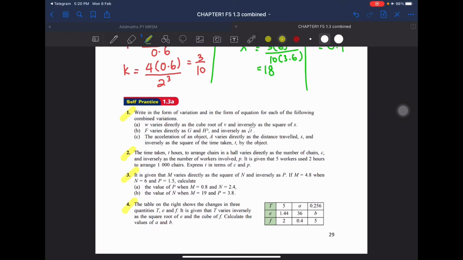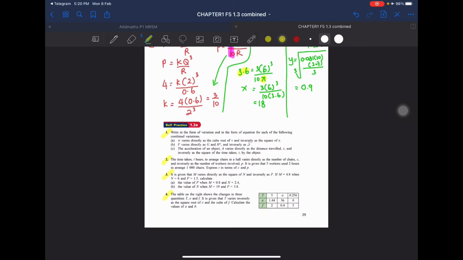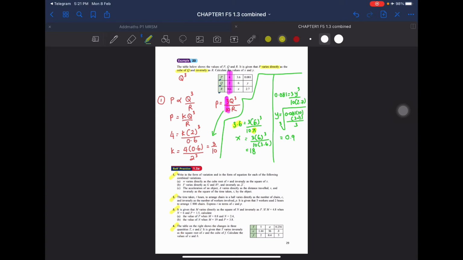Actually the question is quite direct. If you have any problem, you can ask me. I think all of these questions are quite the same like the example before.